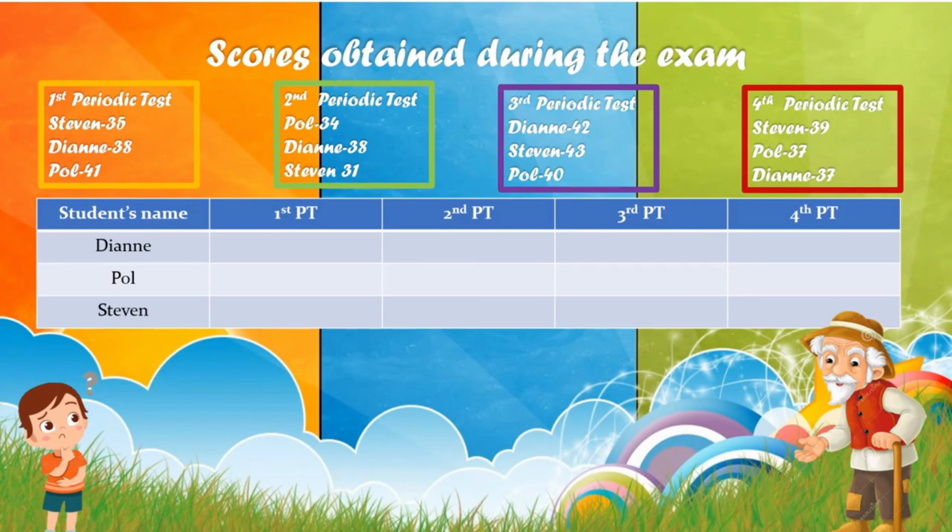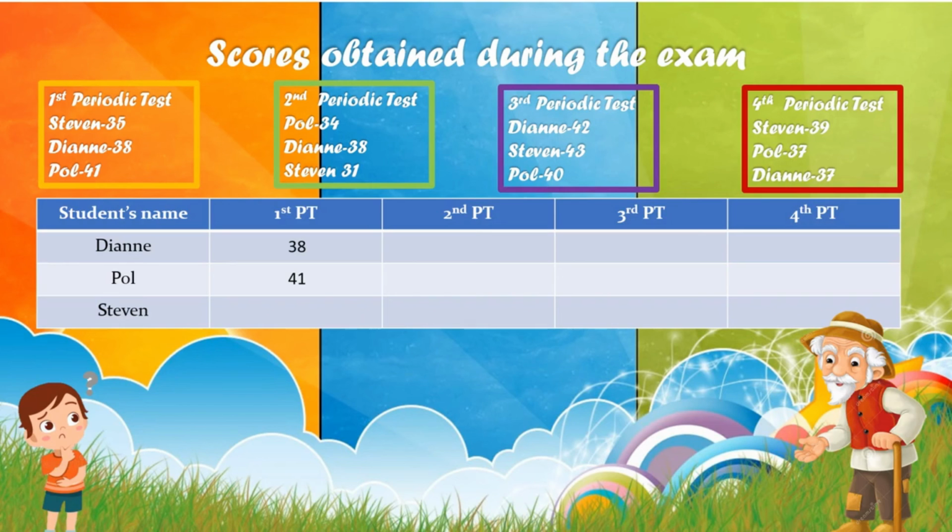Let us see if you have done it right. What was the score of Diane in the first periodic test? Very good. It is 38. How about Paul? Oh yes, that's true. It's 41. How about Steven?